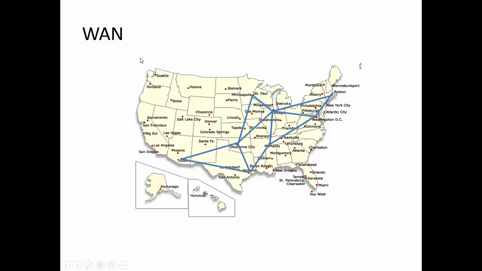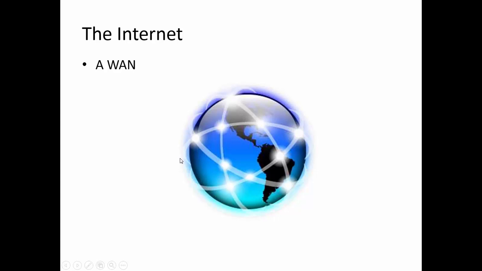At the other extreme, we have a wide area network. In a wide area network, the nodes are much farther apart. In a wide area network, the nodes are hundreds and even thousands of miles apart. And of course, a perfect example of a wide area network is the internet.